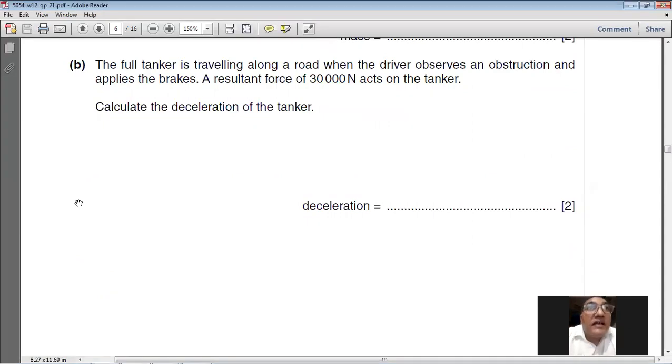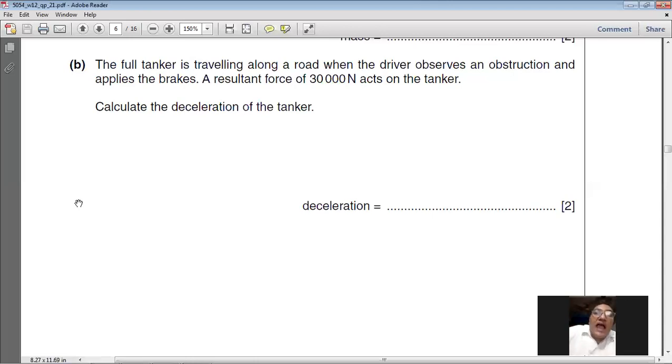The full tanker is traveling along a road when the driver observes an obstruction and applies the brakes. A resultant force of 30,000 Newton acts on the tanker. Calculate the deceleration of the tanker. We know the resultant force, 30,000 Newton, and we also know the total mass of the loaded oil tanker, so we can find the acceleration, or deceleration.